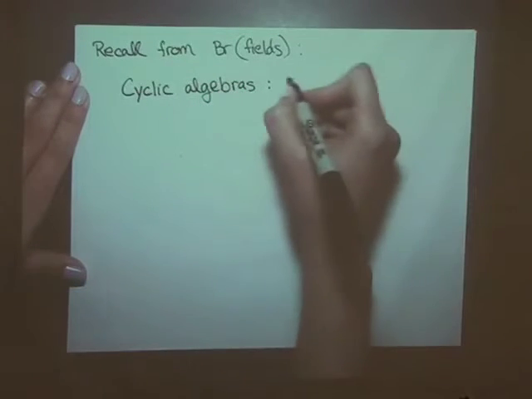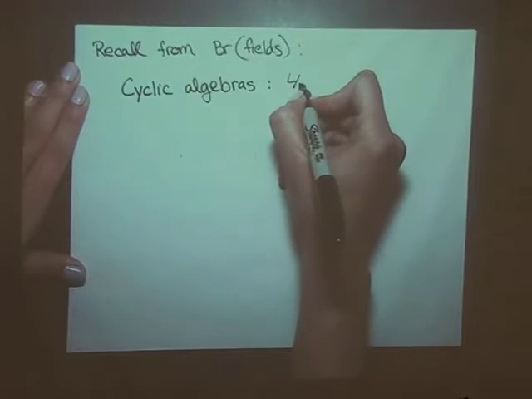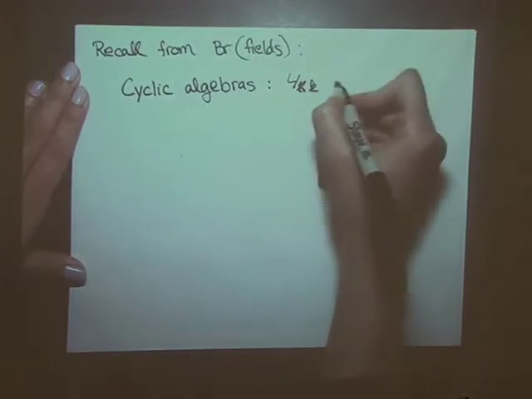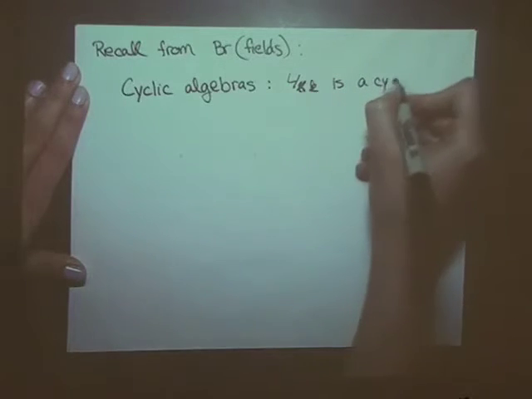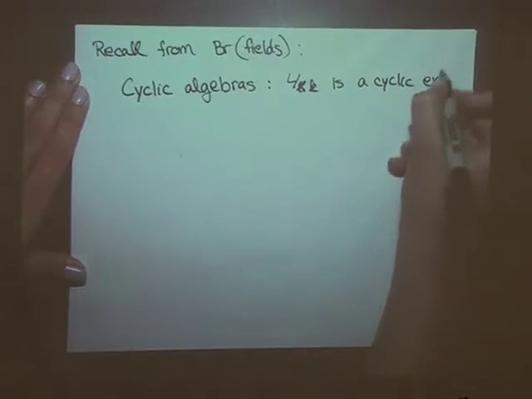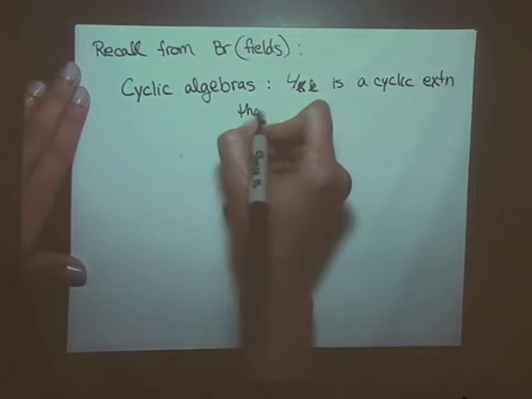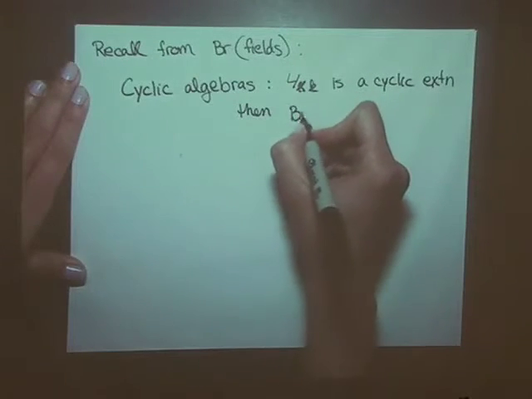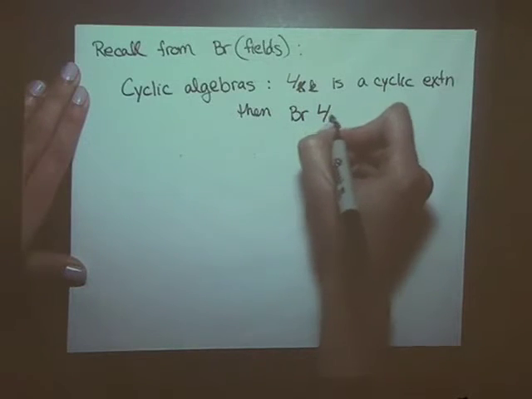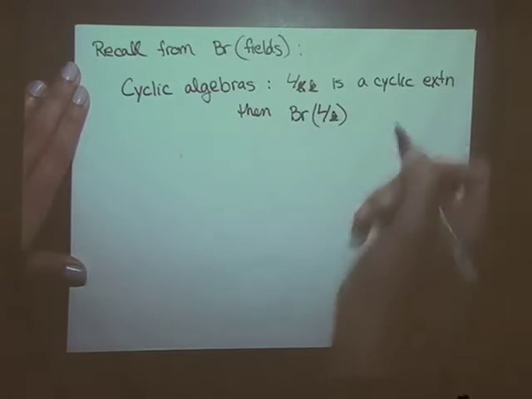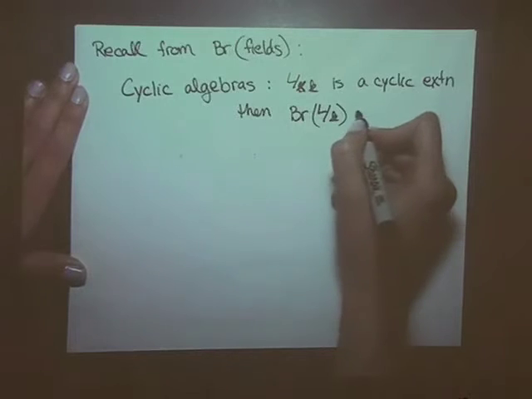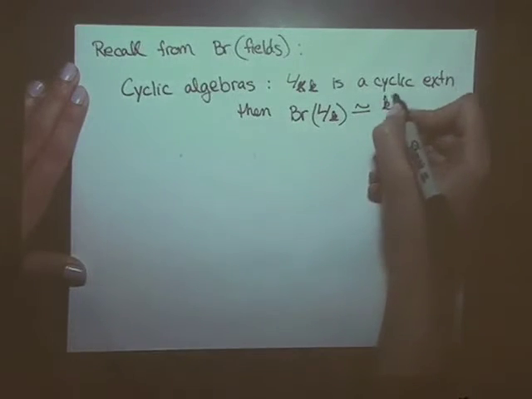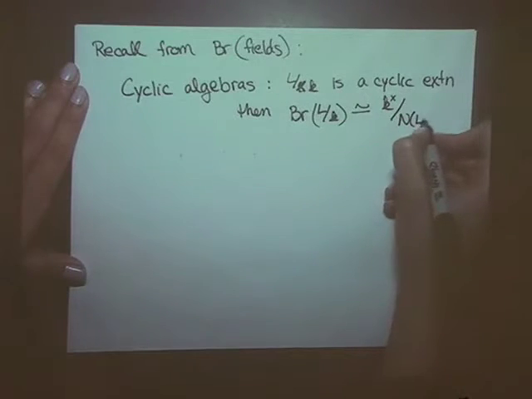So we saw that if L over little k is a cyclic extension, then the kernel from the Brauer group of K to the Brauer group of L, what's also known as the relative Brauer group, is isomorphic to K star mod the norms.